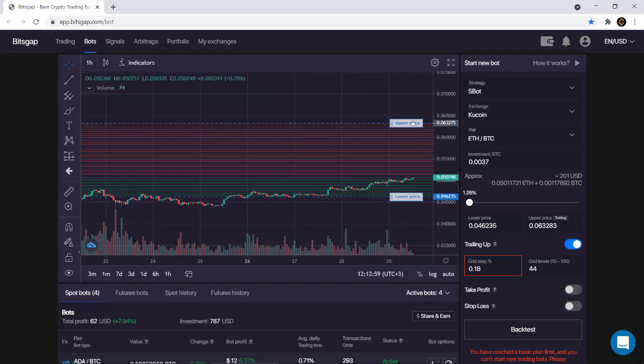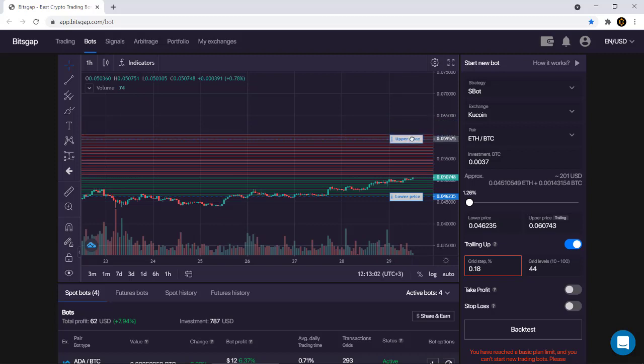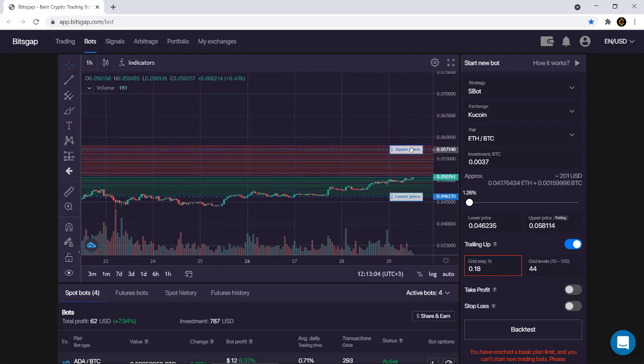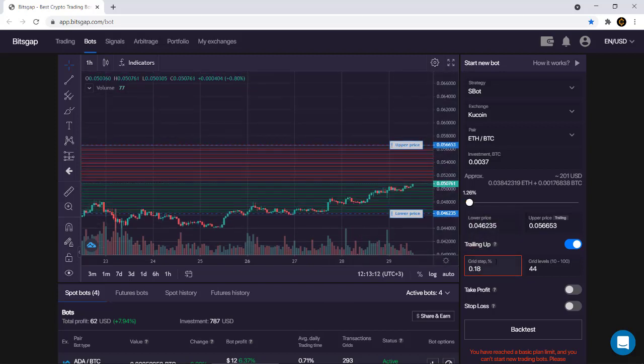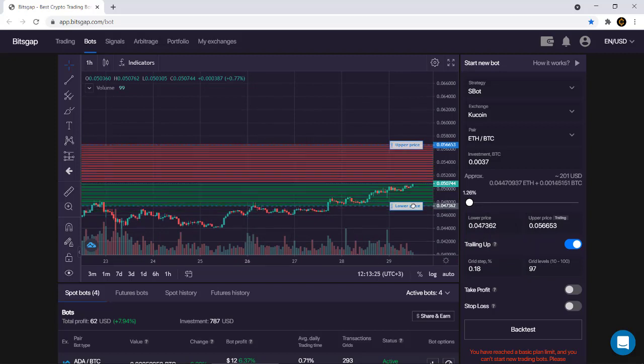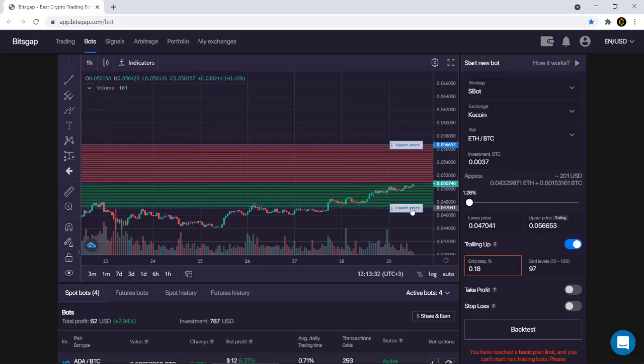And the upper price, I'll reduce that a bit. I'm still not able to have a grid of 0.18%. So let's go to the next resistance level. If I see that the trading goes out of the grid and I'm not earning any more money from the trading, then I can always close the grid and restart it again with different values.